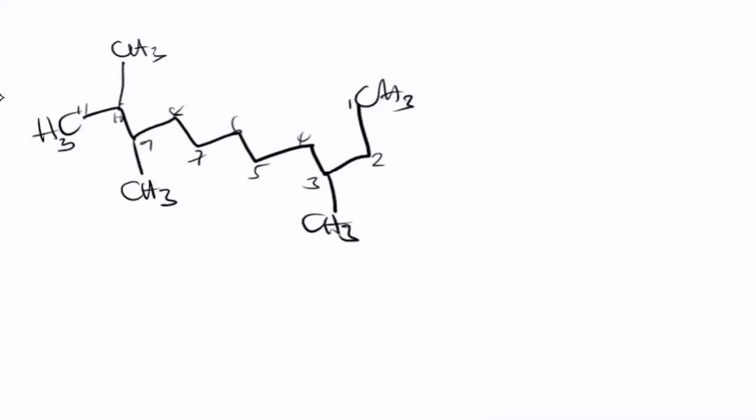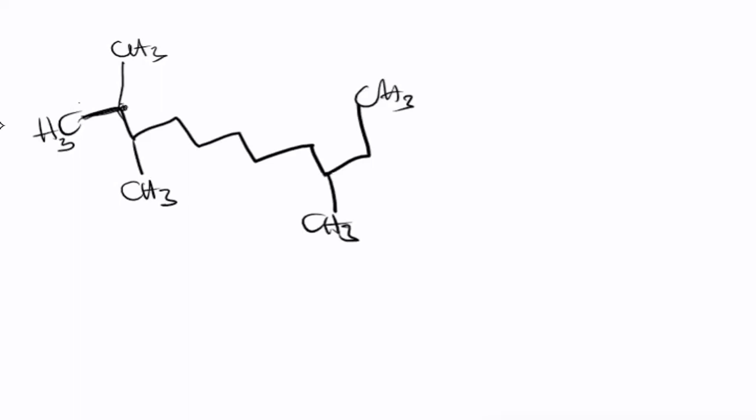So I'll have 11 carbon atoms here, whereas over here I'll simply have 10. Alright, so but if I look at this, if I should count from this end, I'll have the methyl group or the alkyl group at the third carbon here. But if I should count from this other end, I'll have my first alkyl group at the second carbon here.